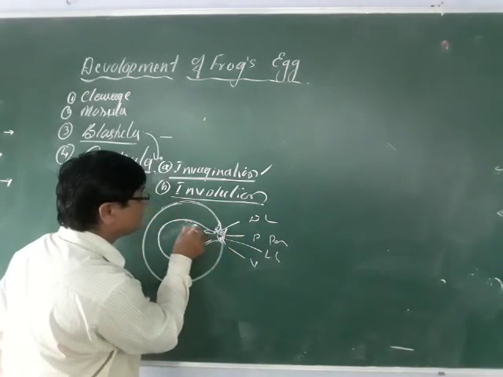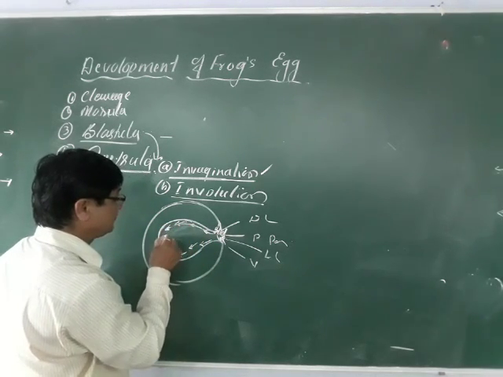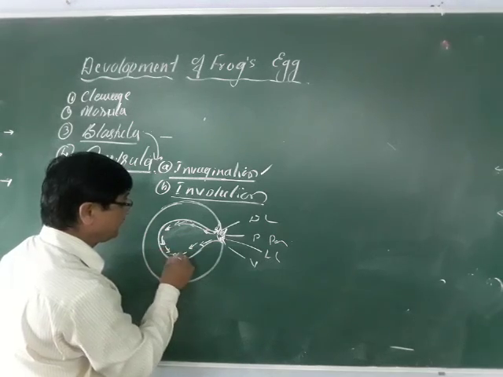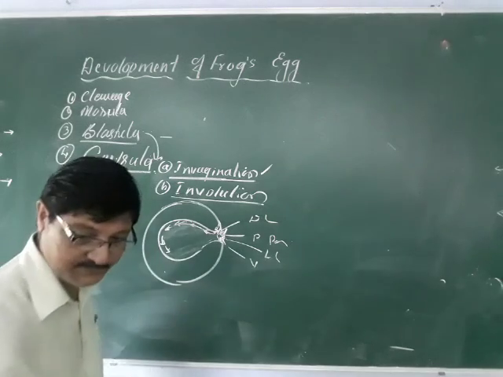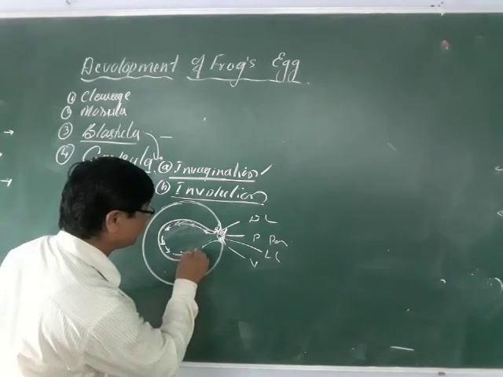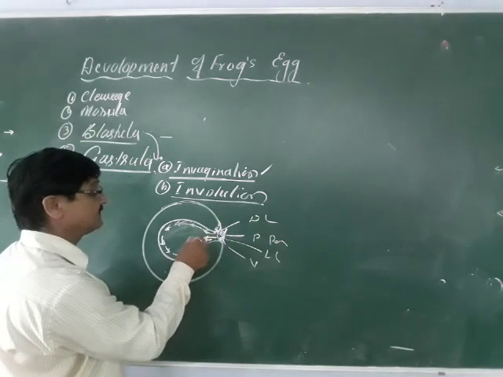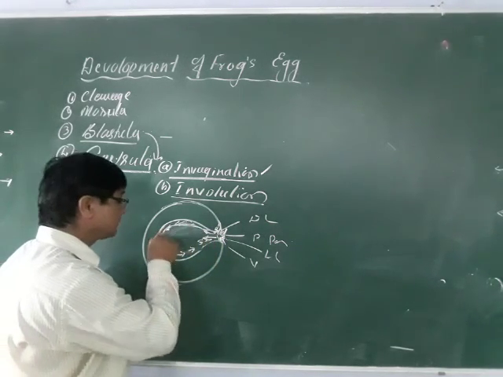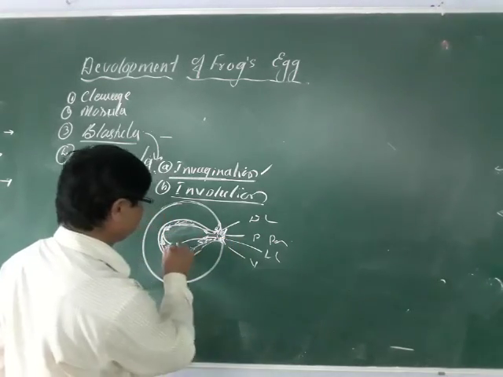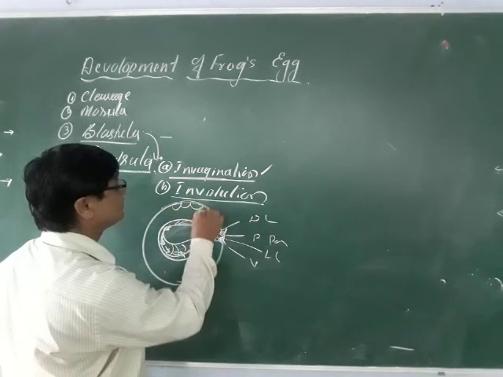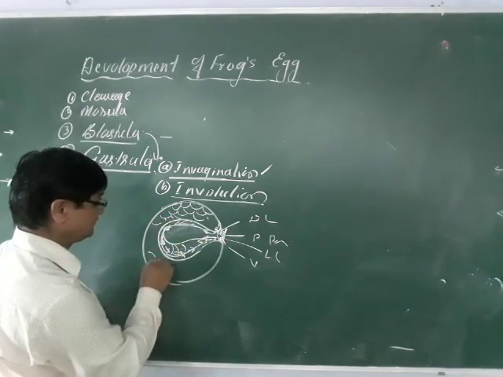They come here and occupy the roof of the archenteron, the sides of the archenteron, and the floor of the archenteron, and this results in one more layer. You can consider these are the cells already here, the micromeres, and these are the macromeres.